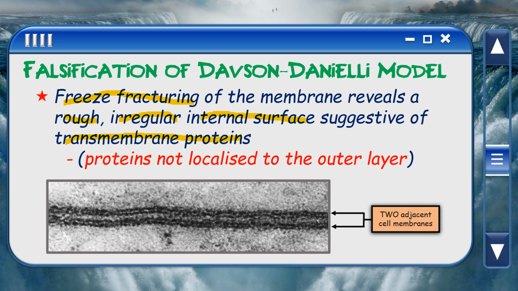So we are saying that proteins are not localized on the outer layer. They were just irregular, rough, and on the internal surface, moving in different points. So this also falsified Davson and Danielli's model.